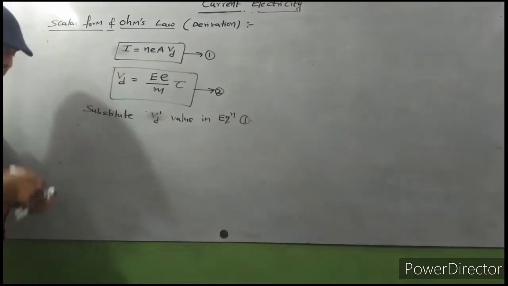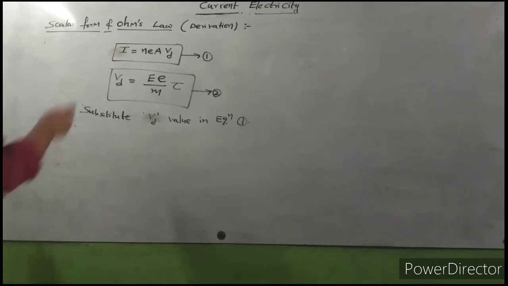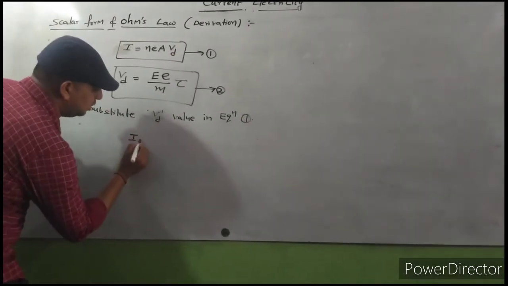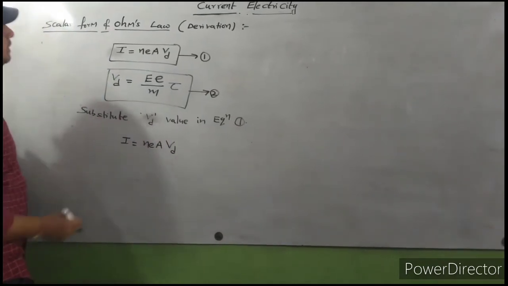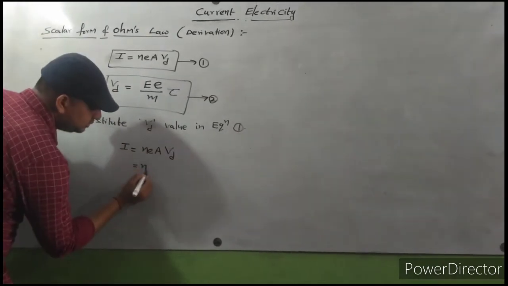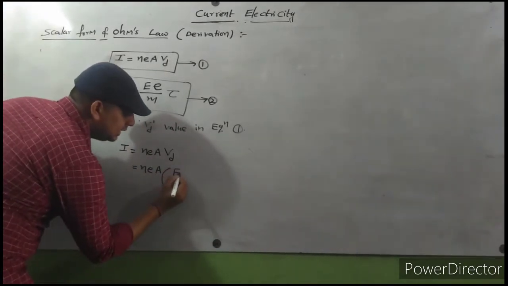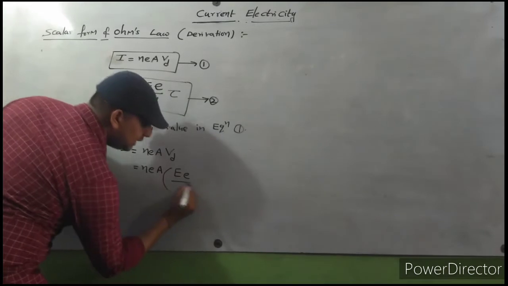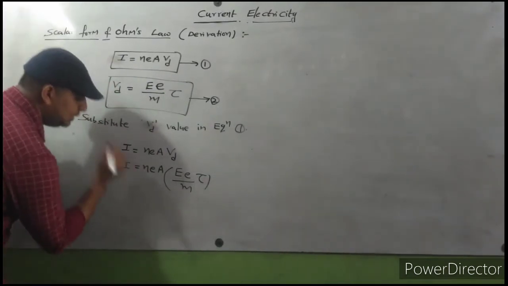You know already equation 1 is I is equal to NeAVd. So here N into e into A, and the Vd value is e E by m into tau. So that is equal to I.